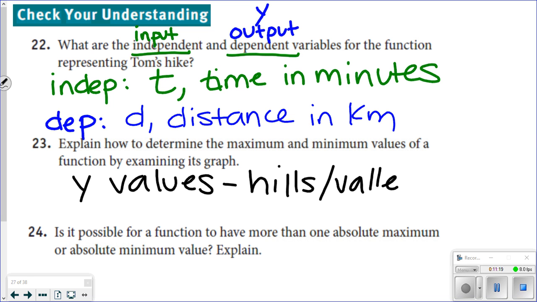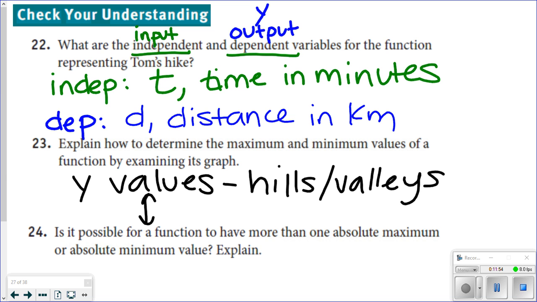Just remember that relative ones have to occur within your graph, somewhere in the middle or in between. They cannot be endpoints. Absolute minimums and maximums can occur anywhere on the graph. They can be endpoints, they can be in the middle. We're just looking for the absolute lowest point and the absolute highest point.